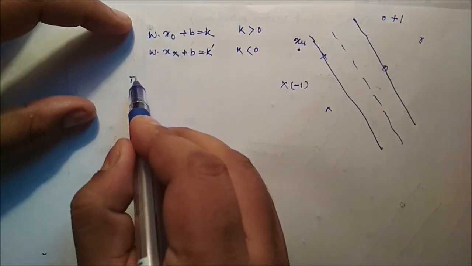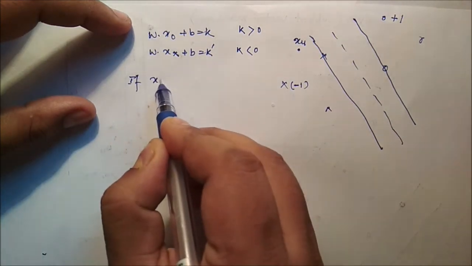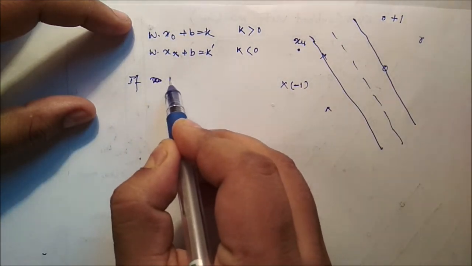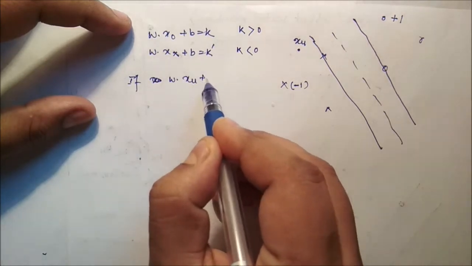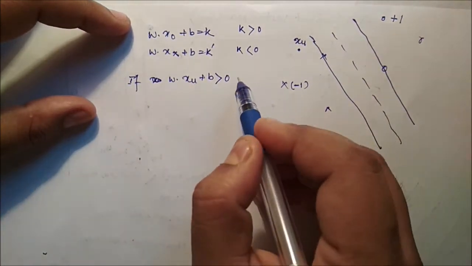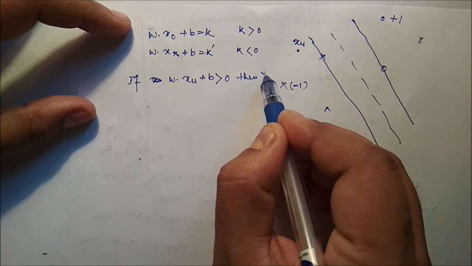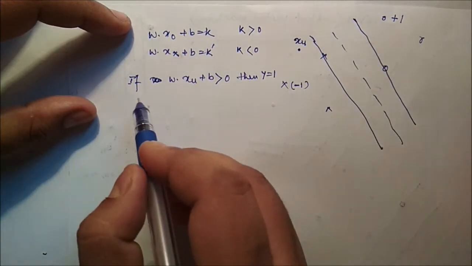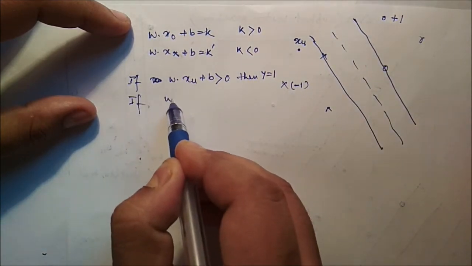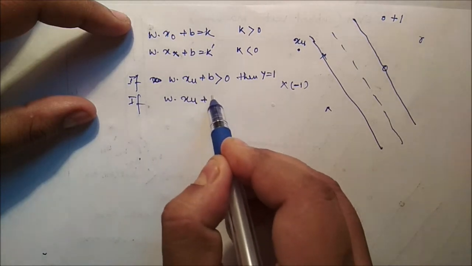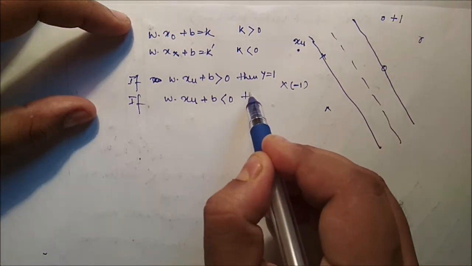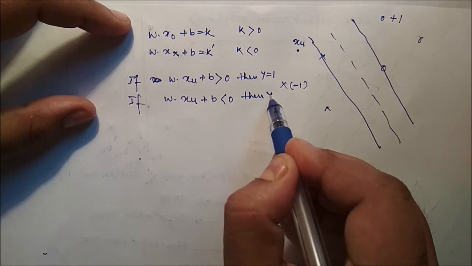That means we can write this way: if w dot xu plus b is greater than 0, then we can assume it is class label 1, and if w dot xu plus b is less than 0, then the class label should be -1.